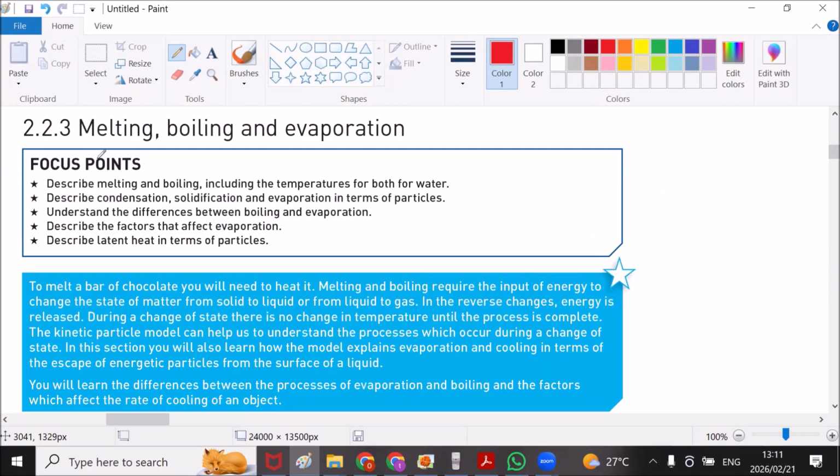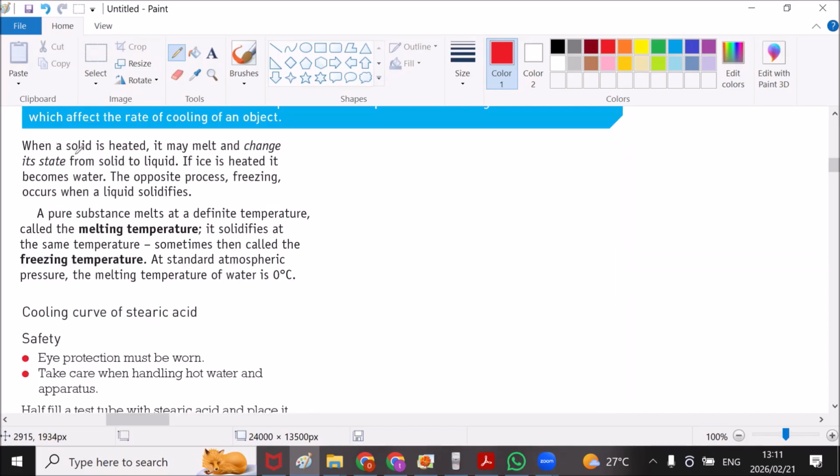Now let's move on to melting, boiling, and evaporation. When a solid is heated, it may melt and change its state from solid to liquid. If ice is heated, it becomes water. The opposite process, freezing, occurs when a liquid solidifies by cooling.